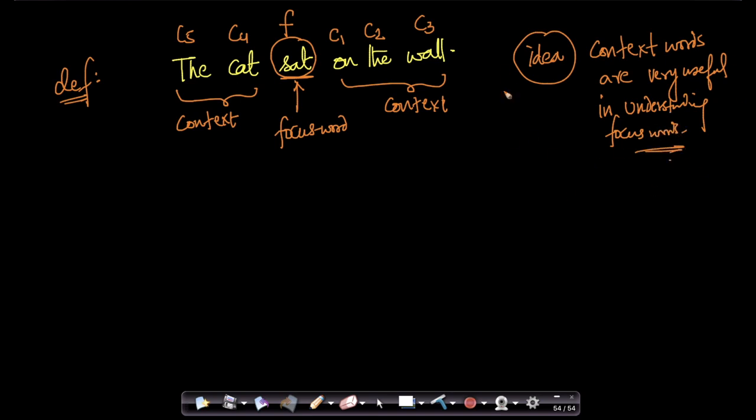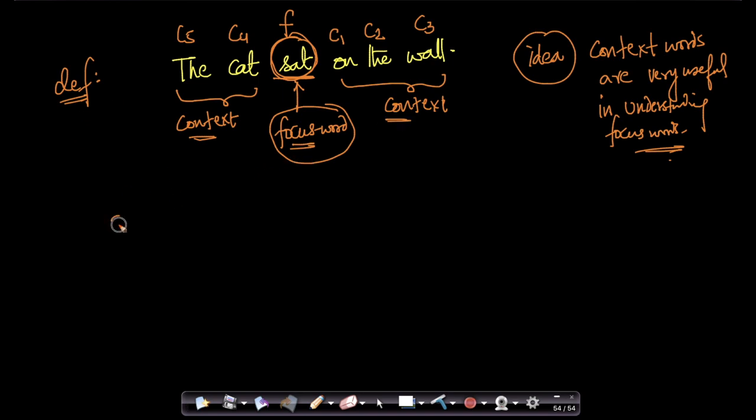If you know the context in which a word is used, you can say a lot of things about the word itself, and vice versa. If you know the focus word, you can predict or understand what the context could have been. That's the core idea here. We will use this concept of focus word and context word to build word vectors.